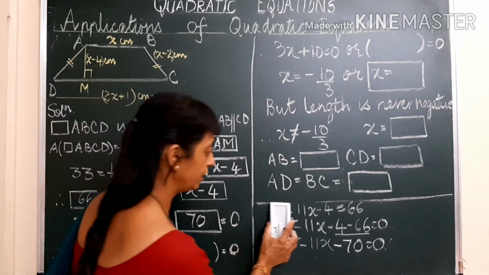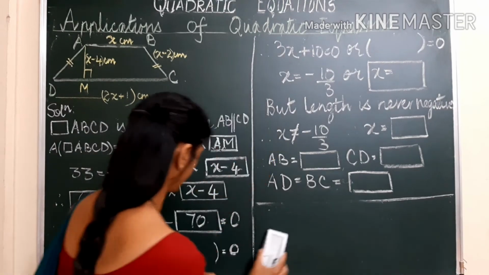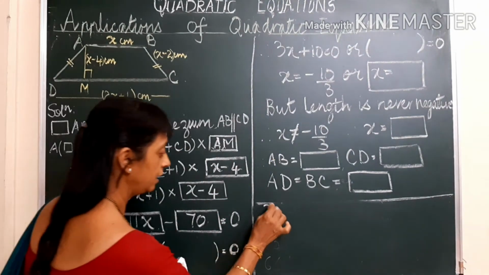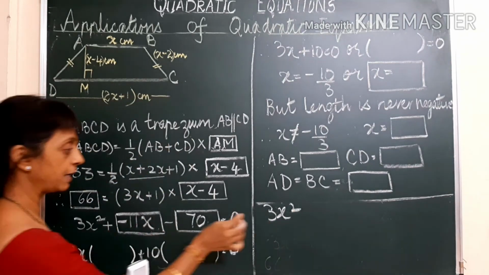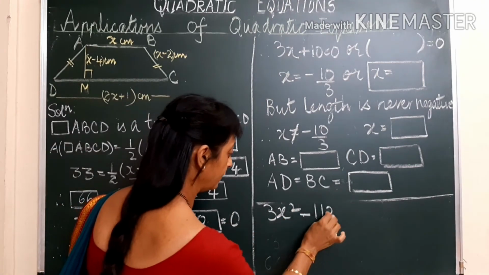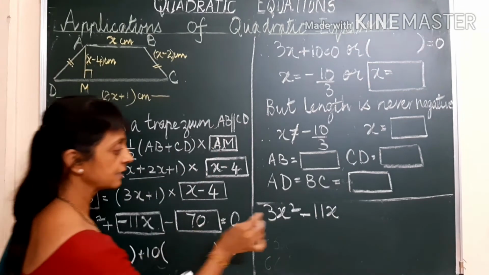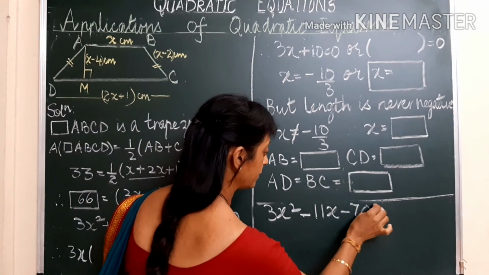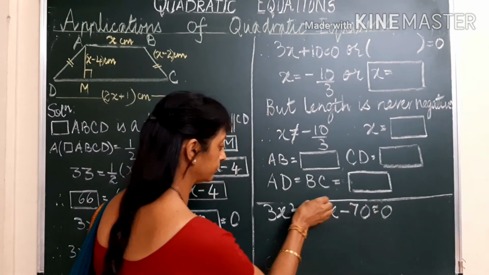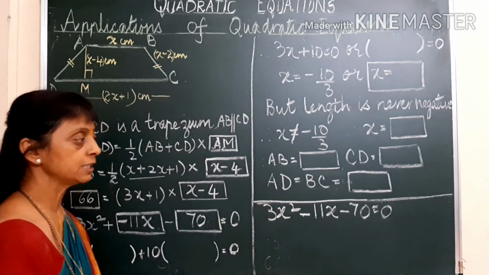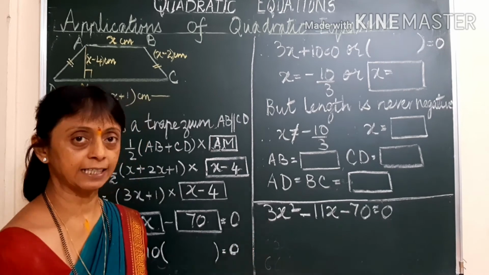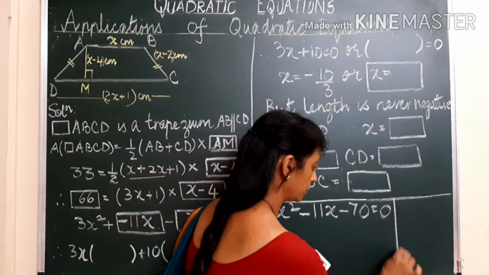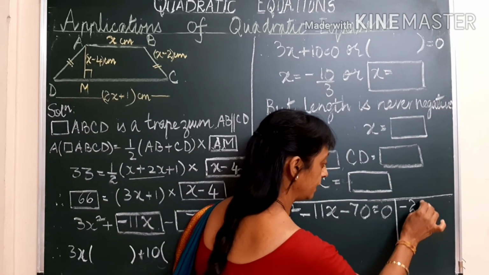So again let's rewrite. Over here we get 3x squared plus into minus is minus 11x minus 70, which is equal to 0. Now children, the factors should be minus 70 into 3, that gives you minus 210.